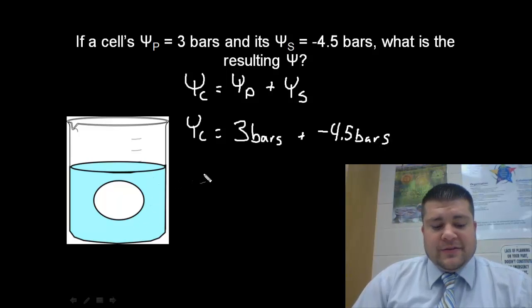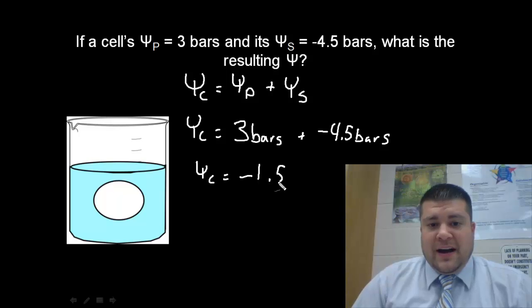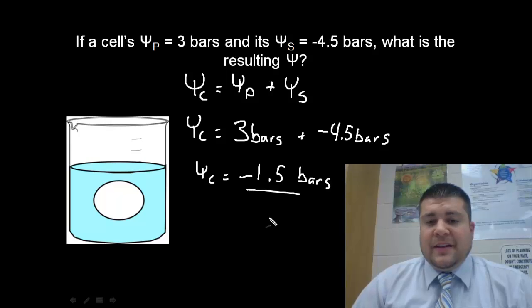If I add those up really quick, the psi of the cell is going to be negative 1.5 bars. And that's how you find the answer.